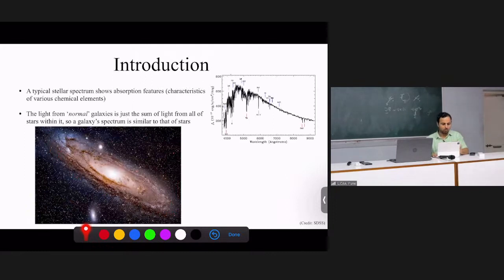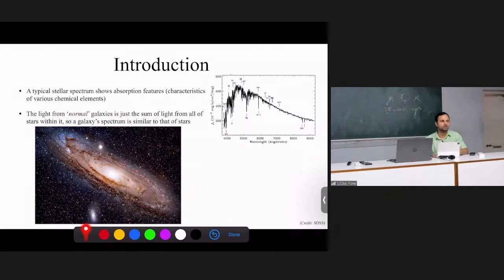So I was saying that a typical stellar spectrum shows absorption features. Now, if we talk about normal galaxies, can you tell me the name of this galaxy? Andromeda. The light from normal galaxies is just the sum of light from all the stars within it.